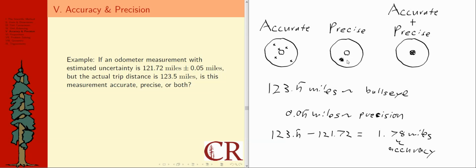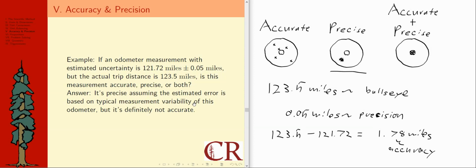If you thought about a cluster representing this plus or minus 0.05 miles, that would be a very tight cluster relative to how far this average value is from the correct value. So this picture right here is what's being described by these numbers. Hence my final answer is it is precise but not accurate.